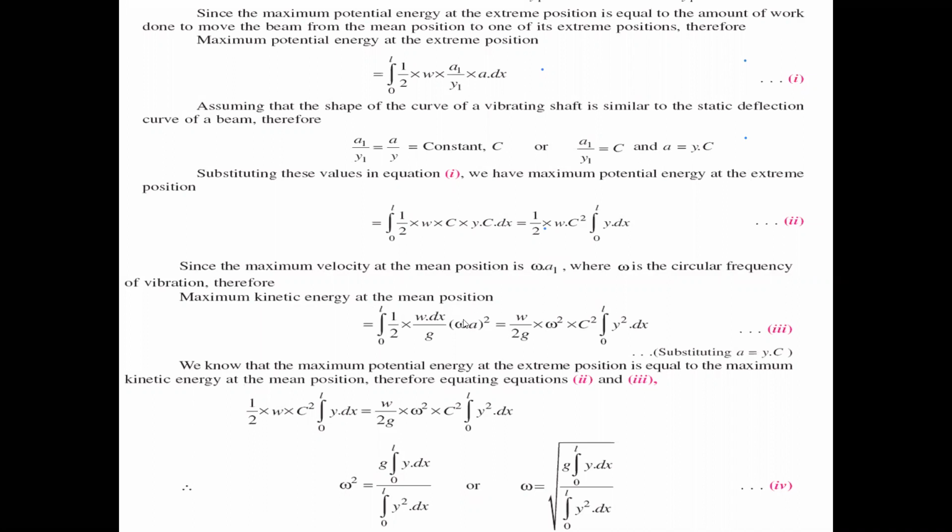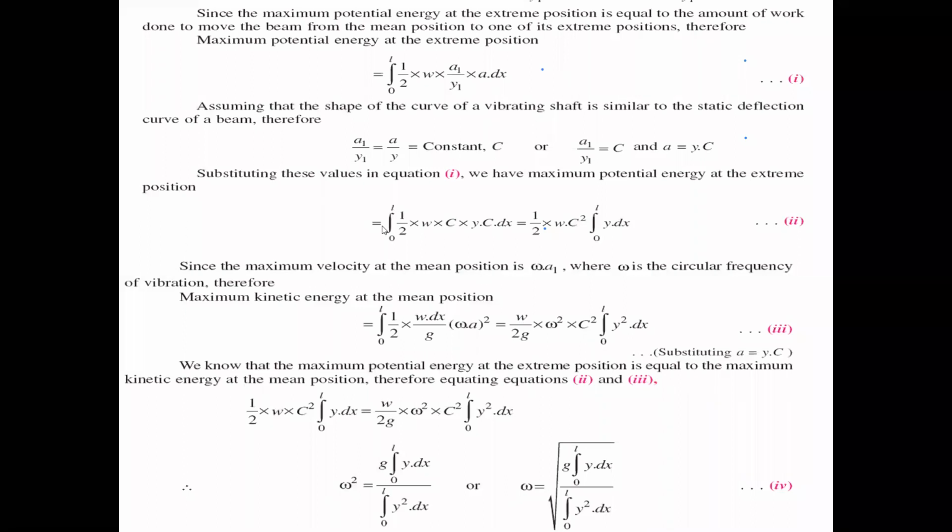Generally it is written that way, but here, integral of 0 to L, half into m is replaced with w by g into dx into omega a square. Now simplify the equation. That is w by 2g into omega square c square into integral of y square dx. It is taken as equation number 3.